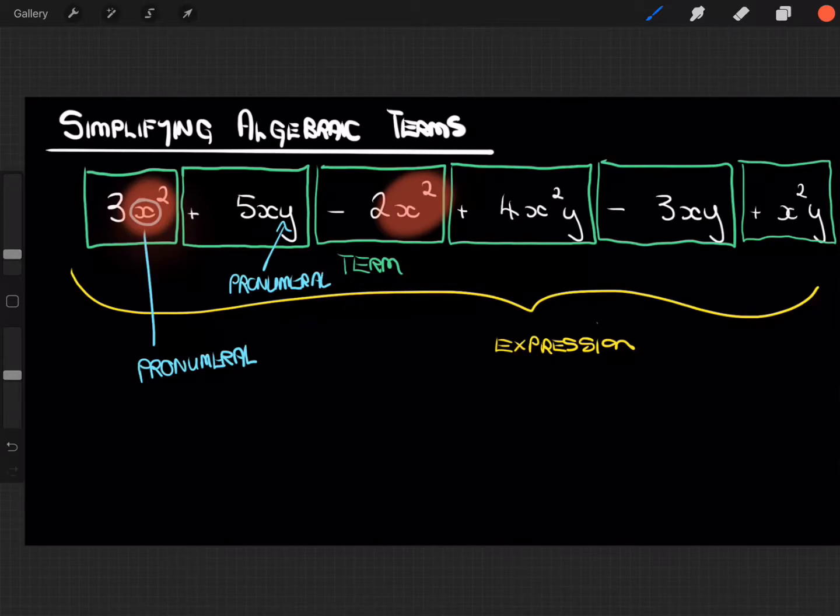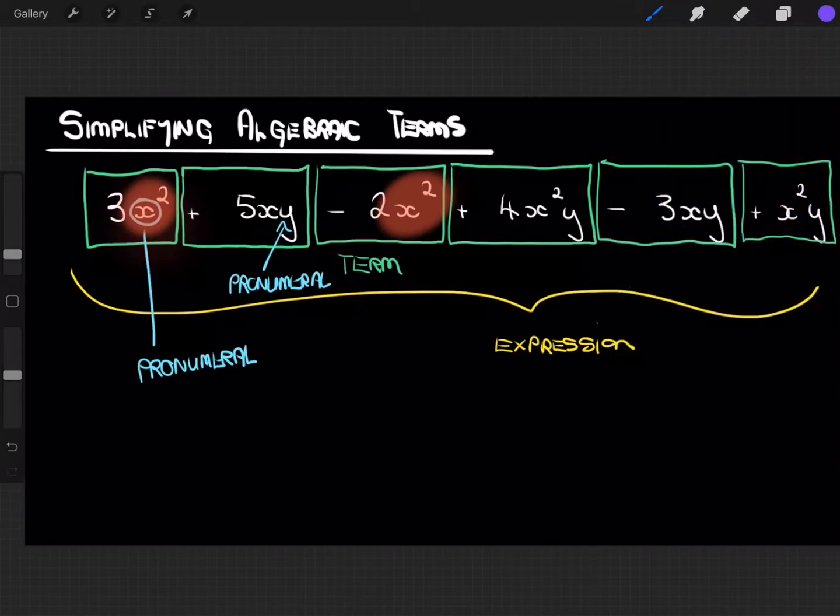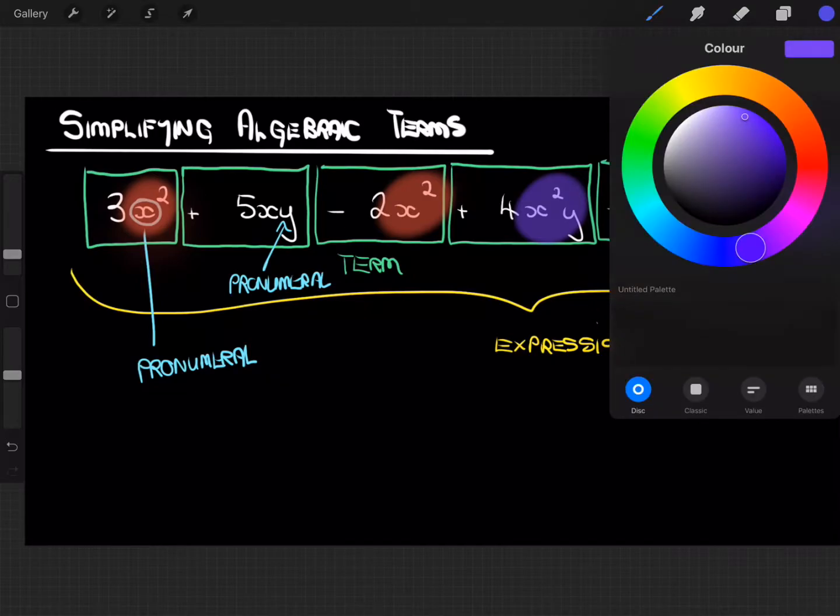Those two terms there we refer to as like terms. So any two terms which have the same pronumeral component, or the same letters raised to the same power, are called like terms. Alternatively, you can also see, hopefully, that here's an x squared y term, and here's another x squared y term as well. So they also are like terms.